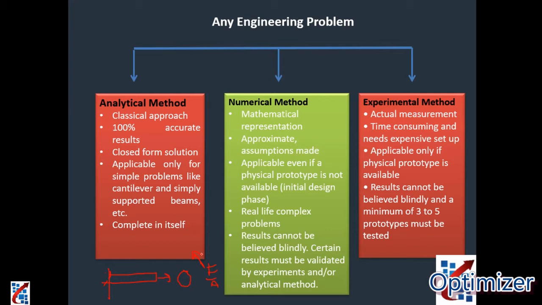Even though you have calculated all the stresses and deformation, you need to cross check all the results with some physical prototype testing. Whatever result you get directly from the numerical method, we can't blindly take that result and move forward. You need to test it physically. You have to validate the result, and then only you can go ahead. Even if a physical prototype is not available, you can solve this, but you can't consider it blindly. You need to validate by experimental method.